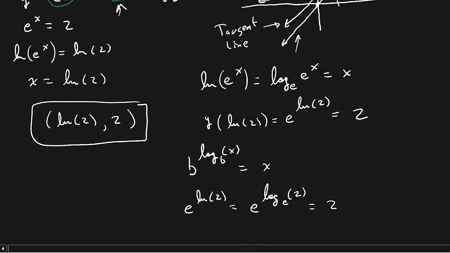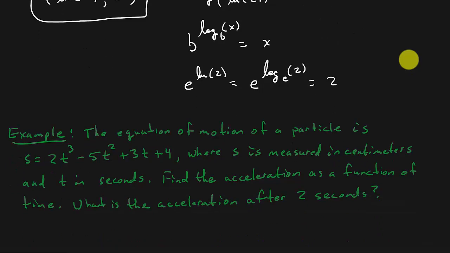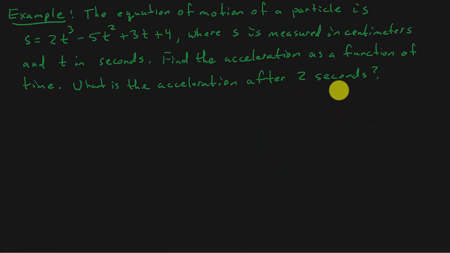All right, so we've got one more problem. This is the last one. It says the equation of motion of a particle is s equals 2t cubed minus 5t squared plus 3t plus 4, where s is measured in centimeters and t in seconds. Find the acceleration as a function of time.